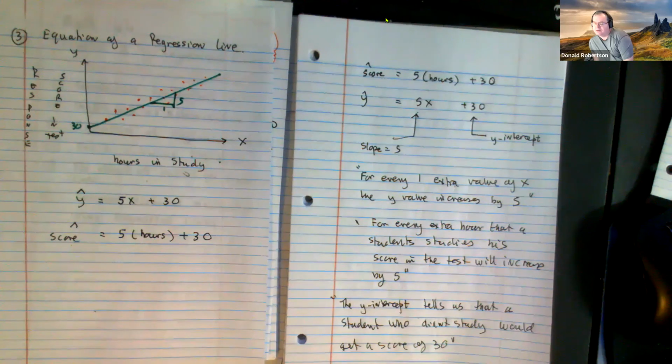So in this case, isn't studying a positive thing for your score? It has a positive influence on your score. What kind of influence? Well, for every extra hour, you get 5 more points. What happens if I don't study? That's what the y-intercept tells me. If I don't study at all, I get 30.